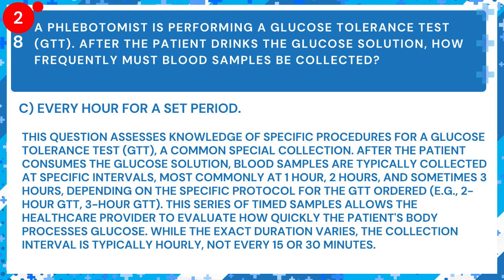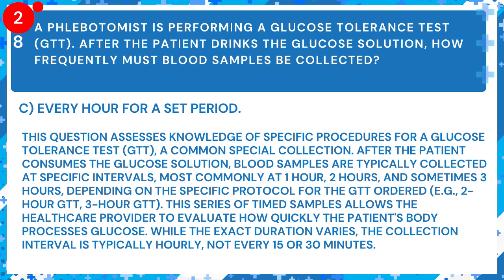Answer: C. Every hour for a set period. Explanation: this question assesses knowledge of specific procedures for a glucose tolerance test, GTT, a common special collection. After the patient consumes the glucose solution, blood samples are typically collected at specific intervals, most commonly at 1 hour, 2 hours, and sometimes 3 hours, depending on the specific protocol for the GTT ordered, e.g., 2-hour GTT, 3-hour GTT.